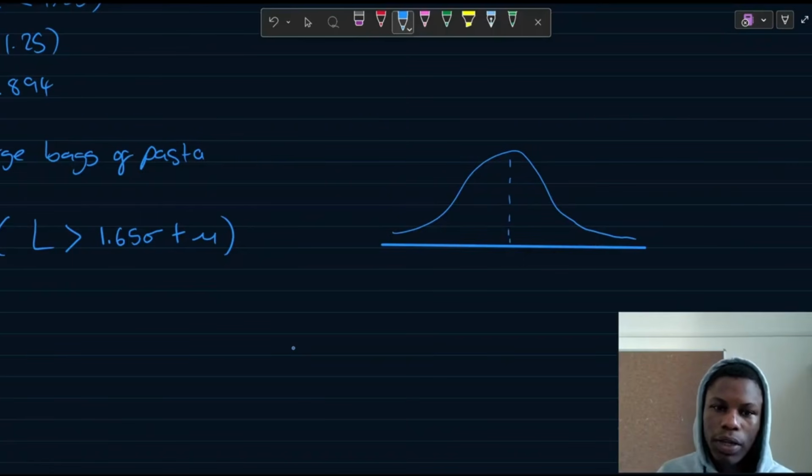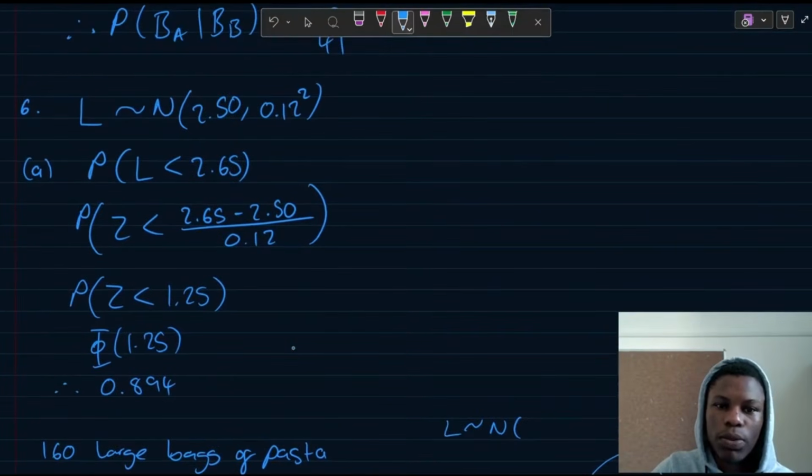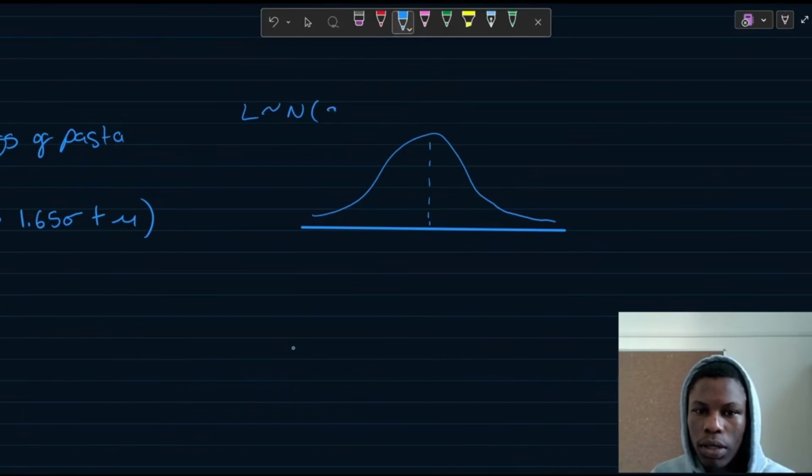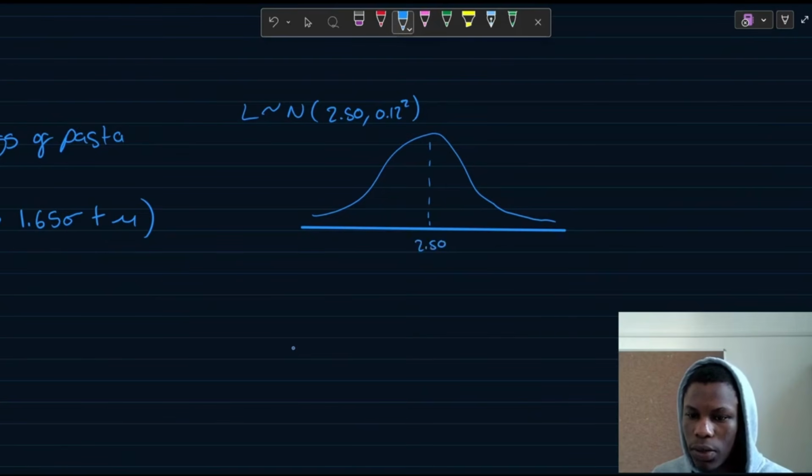So for our distribution, we had that L follows a normal distribution with mean 2.50 and variance 0.12 squared. So my mean here is going to be 2.50. So we want more than 1.65 standard deviations above the mean. So what is a standard deviation? Here a standard deviation is 0.12.